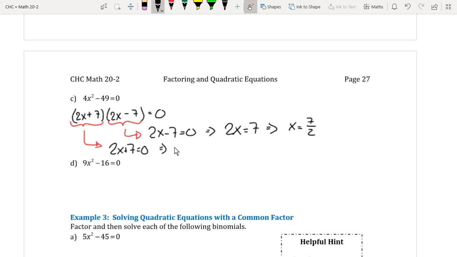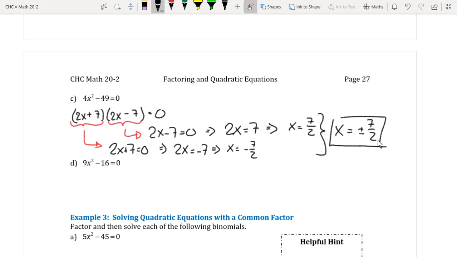Subtract 7 this time, so it's going to be 2x equals negative 7, and divide by 2. So it's negative 7 over 2. So our roots are going to be x equals plus minus 7 over 2.